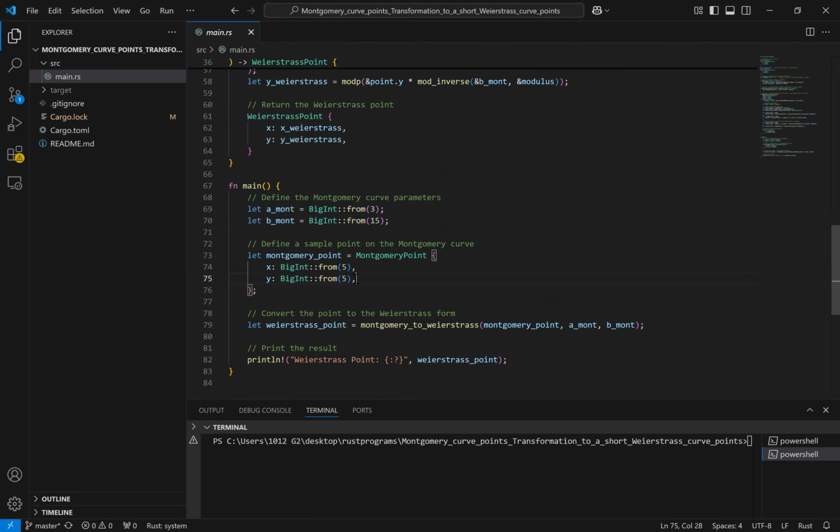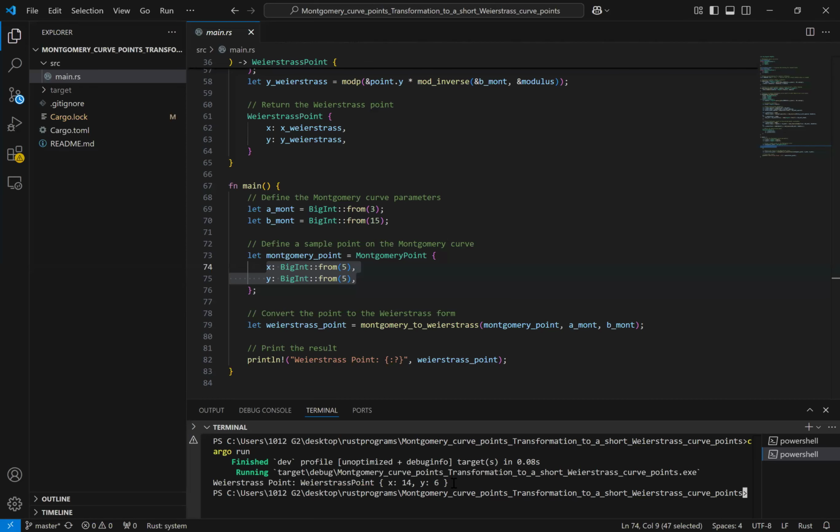And then this is the coordinate you want to convert, 5.5. And you want to see whether it gives you 14.6 for short Weierstrass. And it gives you the value of X as 14 and the value of Y as 6.